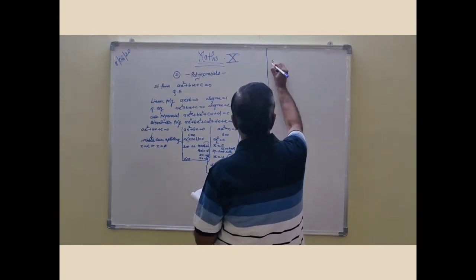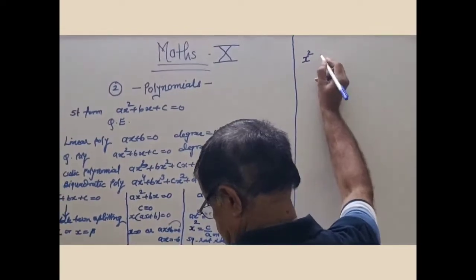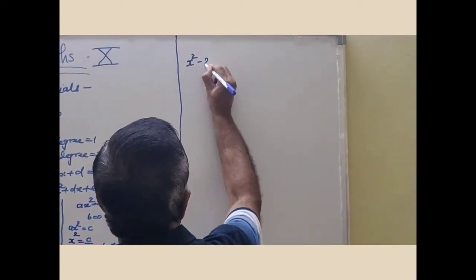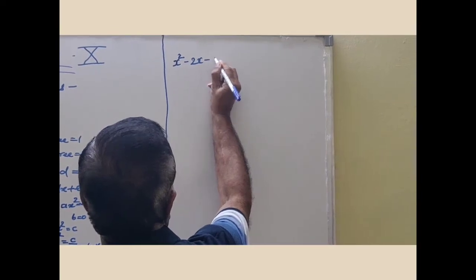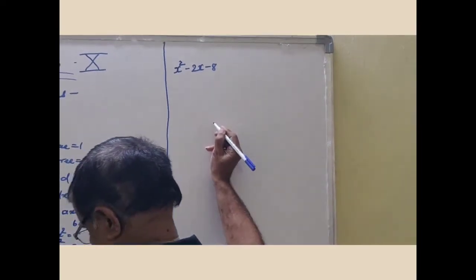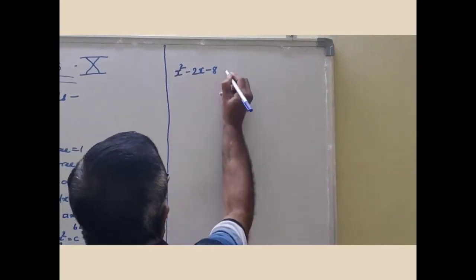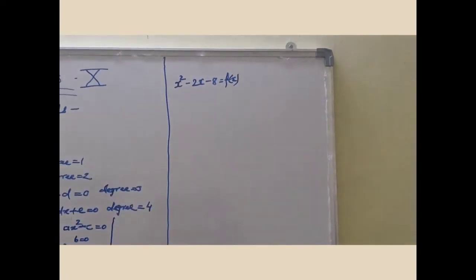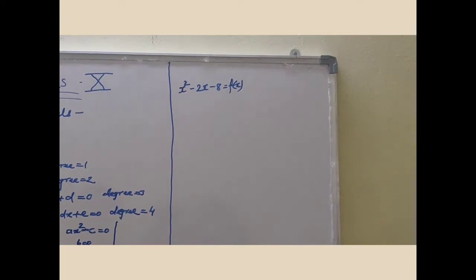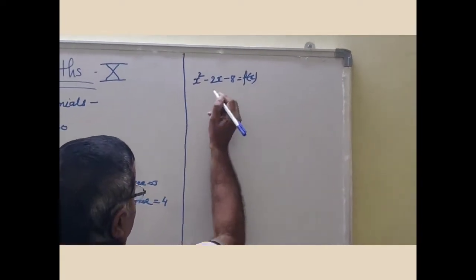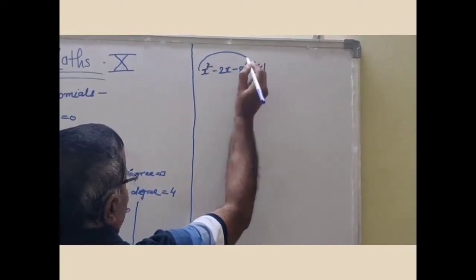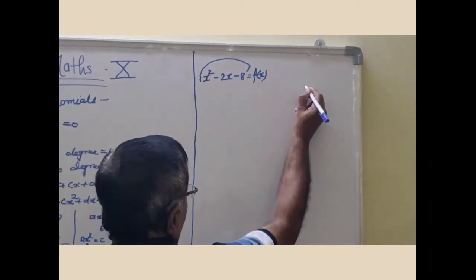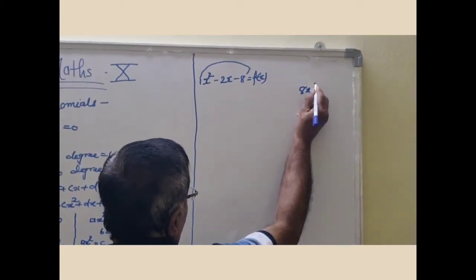First type is x square minus 2x minus 8, this is equal to f of x. Okay, now I will solve this problem by middle term splitting. Now I will multiply this by this. So what will come here? 8x square will come here.